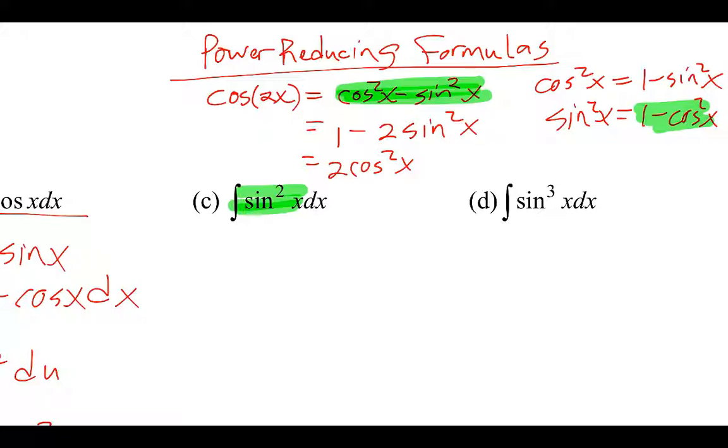That sound oddly similar? Well, these are all power reducing formulas because they take what's on the right with degree 2 stuff and turn it into cosine of 2x, which is a degree 1 function.